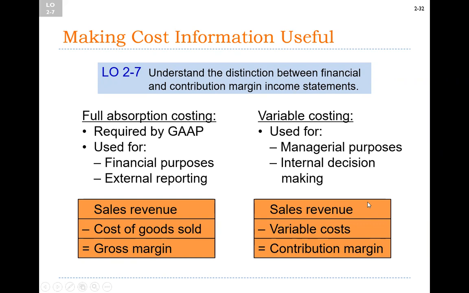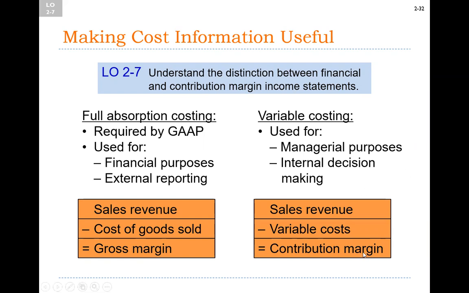For variable costing, we can create what's known as a contribution margin income statement. On this income statement, instead of subtracting out simply cost of goods sold, we subtract our variable cost, and it includes our variable cost of goods sold and our variable marketing and administrative costs. And then we get our contribution margin.